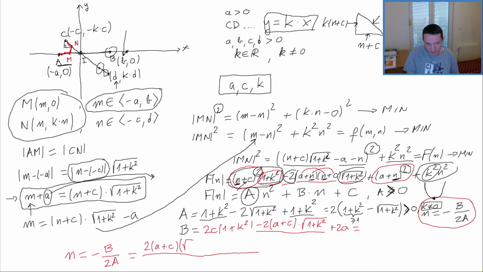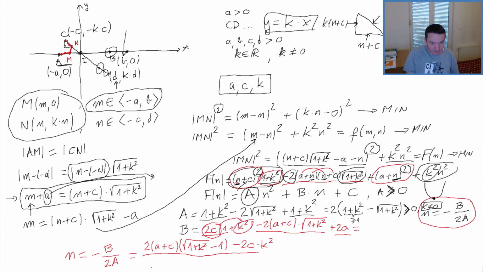So I will have the square root of 1 plus k squared. And also I can have this 2a plus c here and here. So I can actually take minus 1 here. And what we have left here is minus 2c times k squared, the negative of this 2c times this k squared.